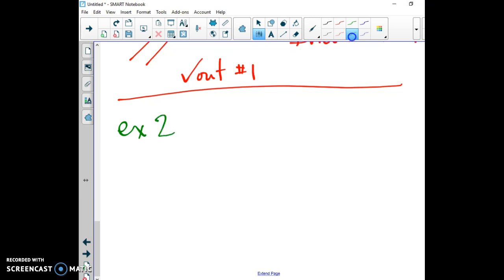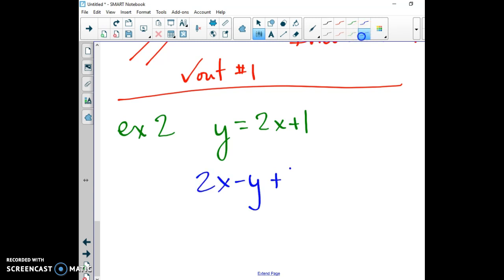Example 2 says, let's look at a system with infinite solutions. y equals 2x plus 1, and our second line is 2x minus y plus 1 equals 0. Well, I see again that my top line is in slope-intercept form.